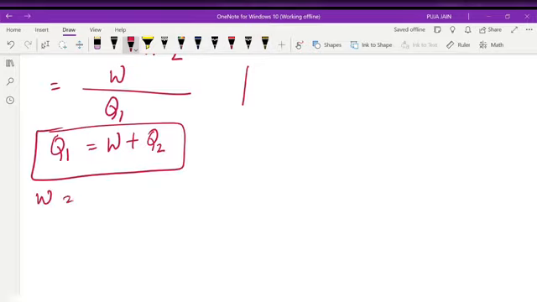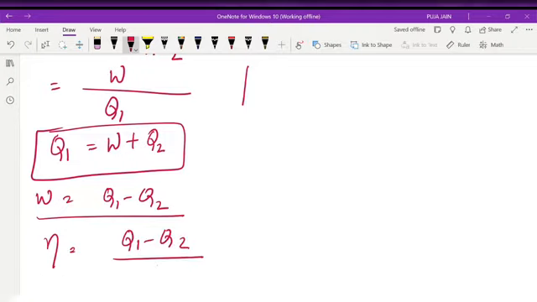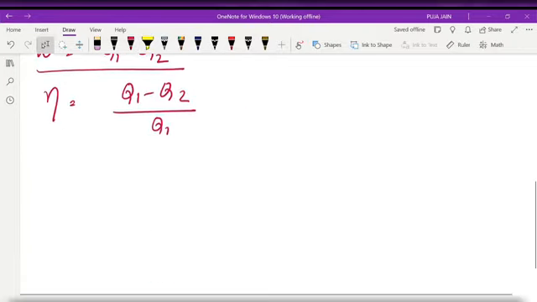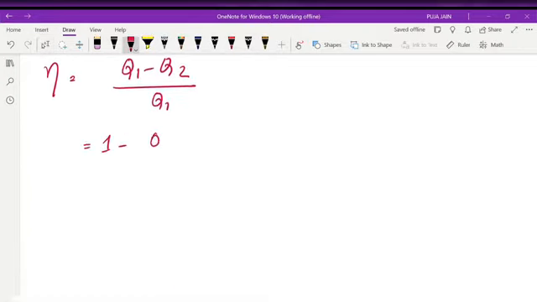So the work can be written as the difference between the heat energies of the source and the sink. So W is equal to Q1 minus Q2. So eta is Q1 minus Q2 by Q1, that is 1 minus Q2 by Q1. This is our efficiency eta.